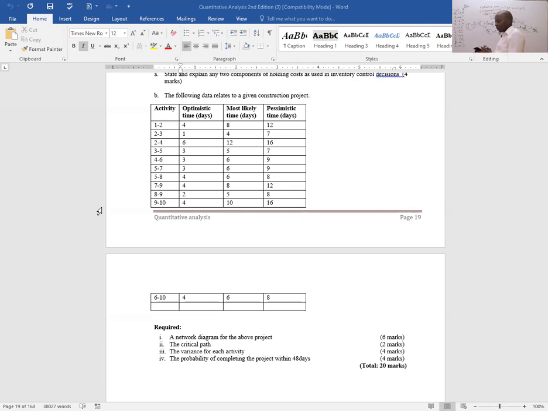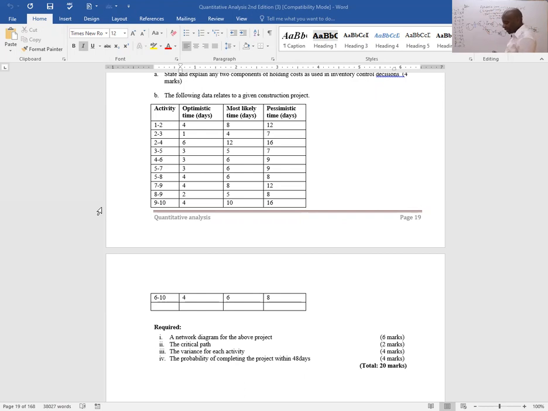Go to activity C. I can see 6 plus 4 times 12 plus 16, equals, divide by 6. I'm able to see 11.67. So for C, it's 11.67. I can even round to one decimal place, 11.7, to simplify my work, although the more decimal places, the better.